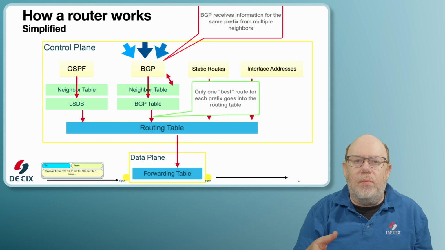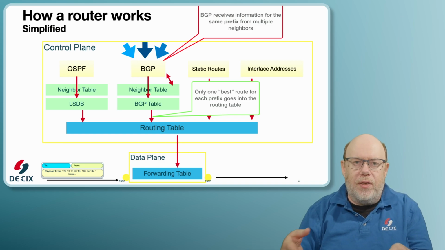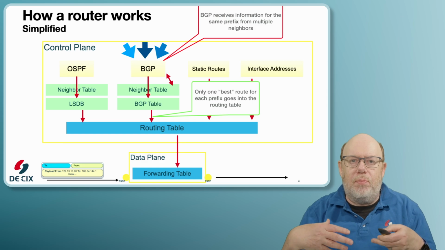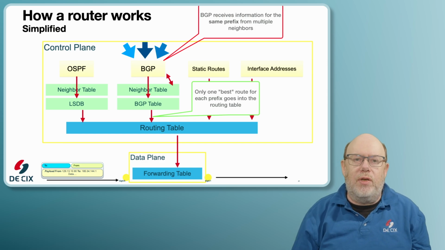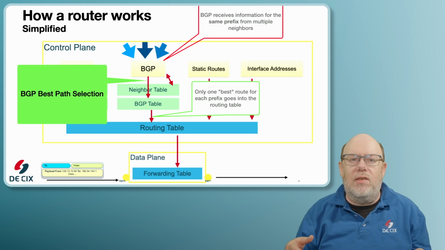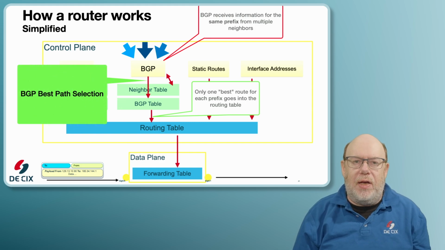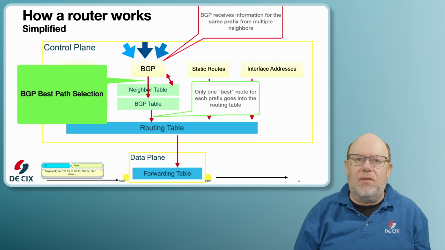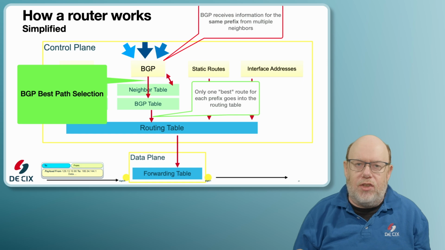Only one best route for each prefix goes from the BGP table, from the BGP part of the router, into the routing table. And this is done by an algorithm called BGP Best Path Selection, and I'm going to talk about that in the next video, how that actually works.